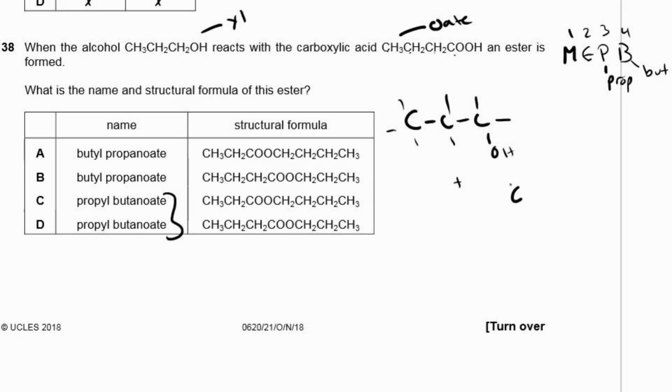So we have a C, an OH here, a double bond O here, and then 1, 2, 3, 4 carbons. All of these have hydrogens attached to them. It's the opposite way to what this is written, but this makes it easier. So we take this out and we end up with our ester.